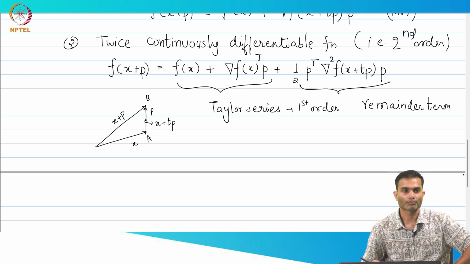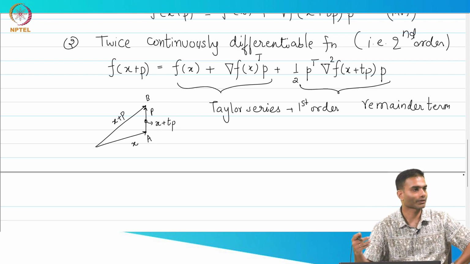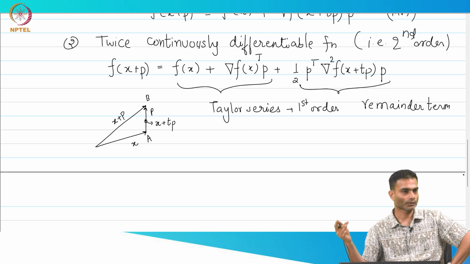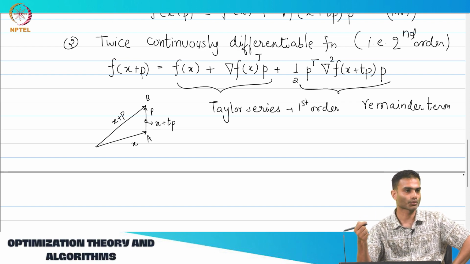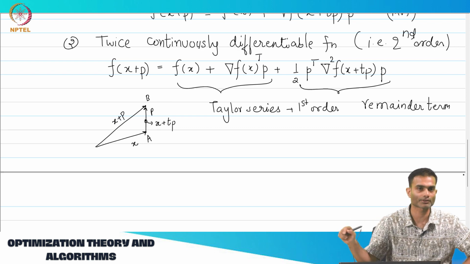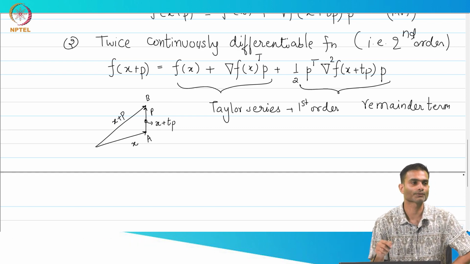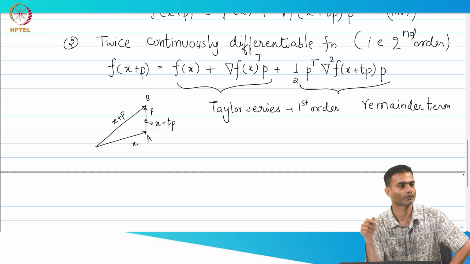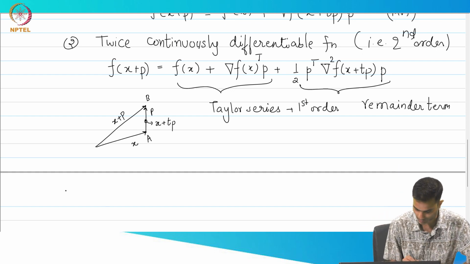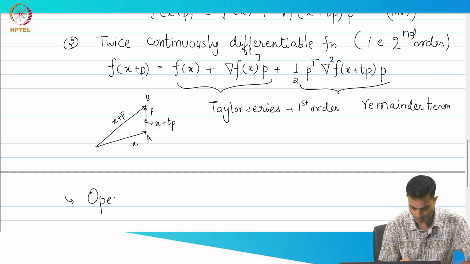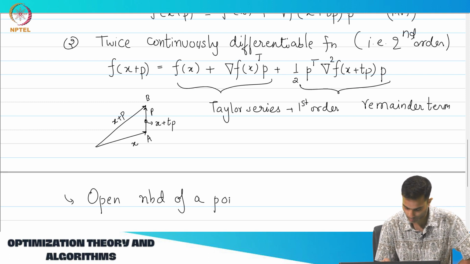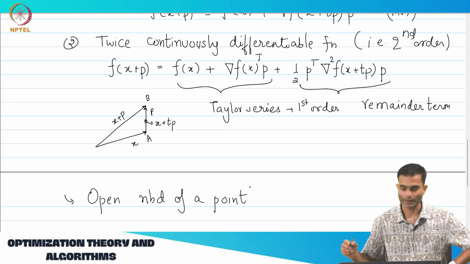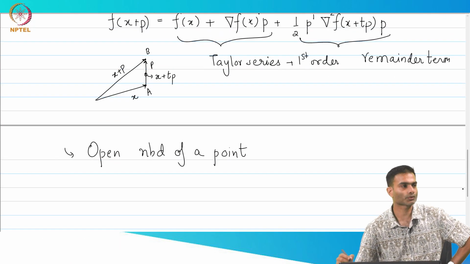Before I state the first order and second order conditions to identify the local minima, there is one more definition which you should become familiar with, because you'll come across it everywhere in the textbooks. It is something called an open neighborhood of a point. The word open should be a hint to you.